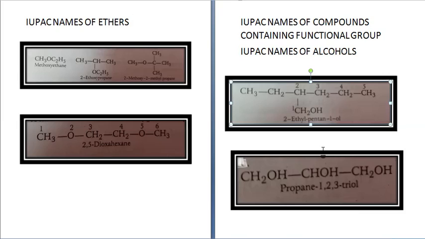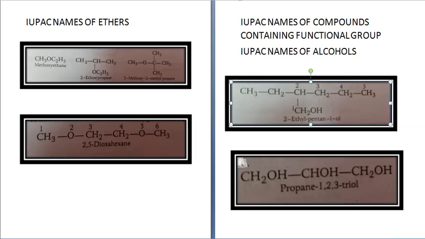Now in the functional groups, first we come to IUPAC names of alcohols. For alcohol, to the name of the alkane, ol is added, so it becomes alkanol. All right, the lowest possible number is given to the OH group.